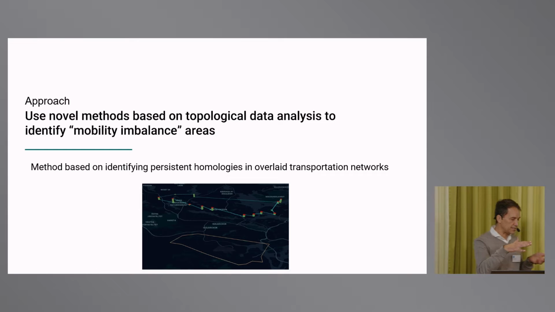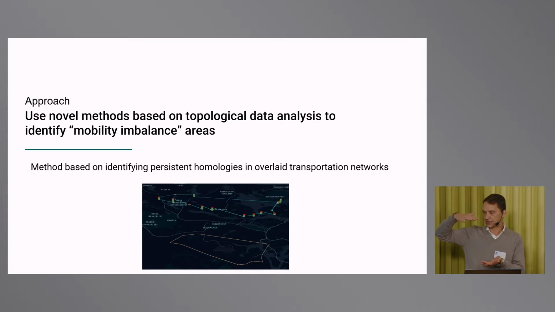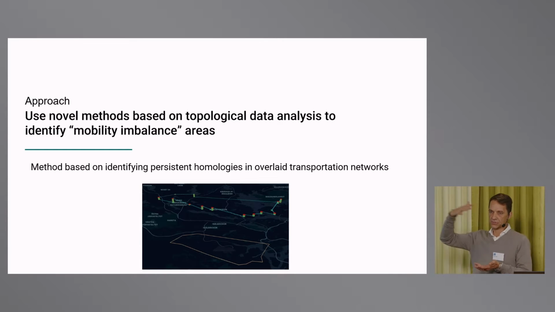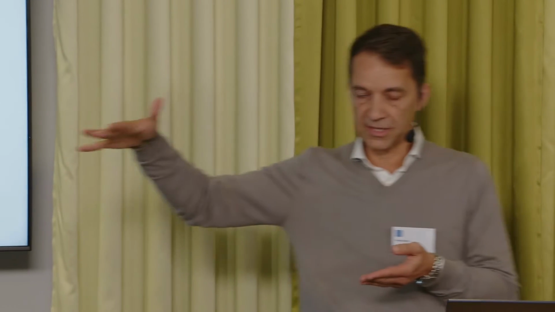So what we did, we overlaid different networks in the city, the road network, the transit network divided by bus and subway and so on and so forth, and we tried to find holes in the network overlaying the different transport modes.